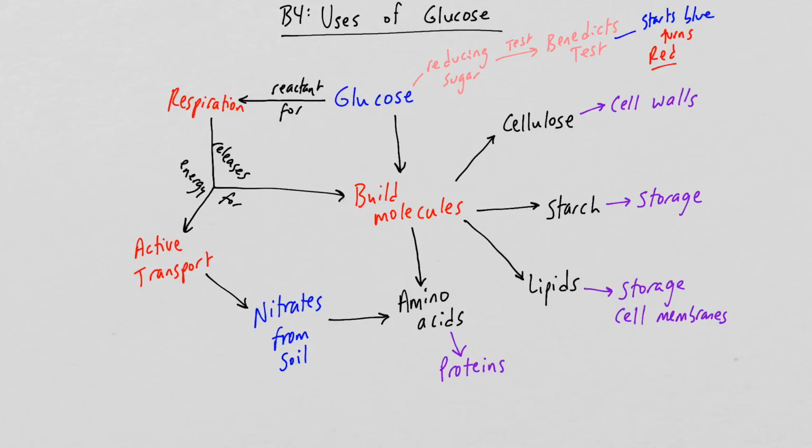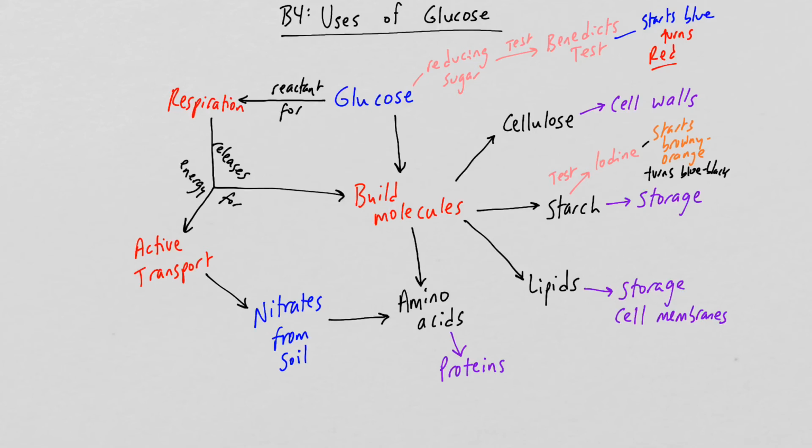Moving on to starch. For starch, we're going to use iodine. And iodine starts out sort of browny orange and will turn blue-black. Moving on to lipids.